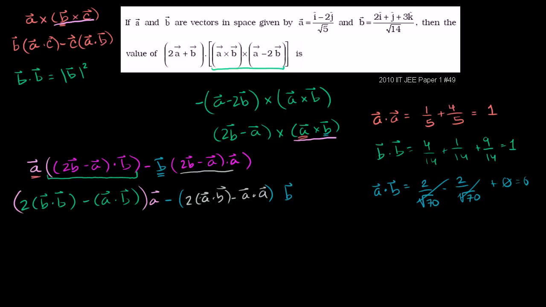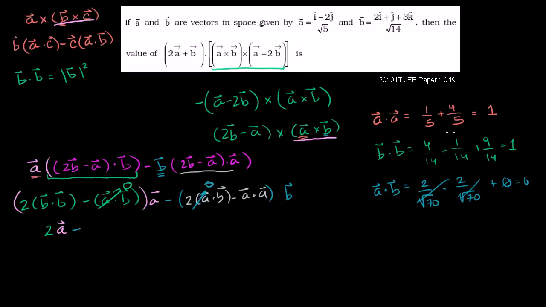This green expression right here simplifies to 2 times 1, which is just 2, minus 0, right? A dot b, we just figured out, is 0. So this is just 2 times a minus, now what is this going to be equal to? 2a dot b, we just figured out a dot b is 0.